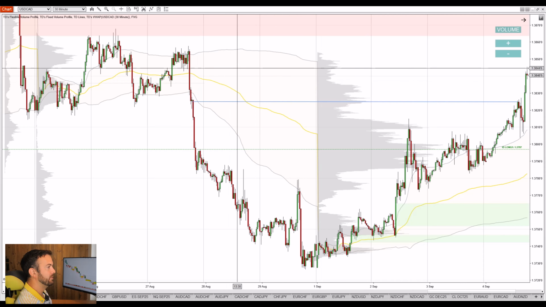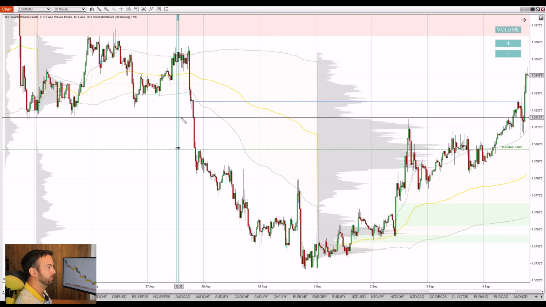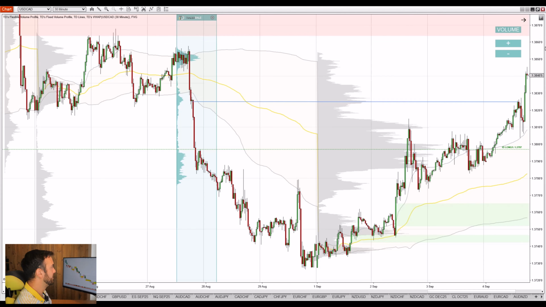But if you use the flexible volume profile, like this, then what stands out within this area is this volume cluster. Again, with simple price action, you wouldn't really see it. This is the beauty of volume profile, which shows you the important places in any chart at first glance, basically, right?